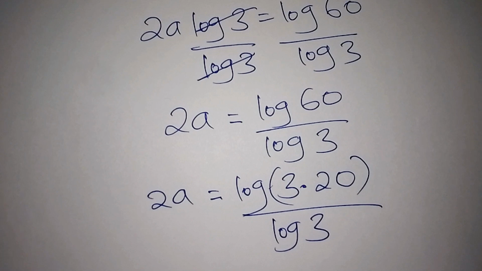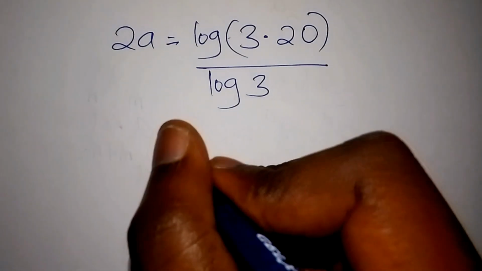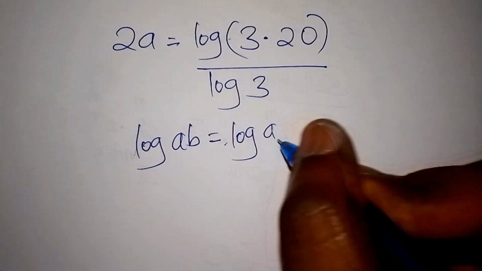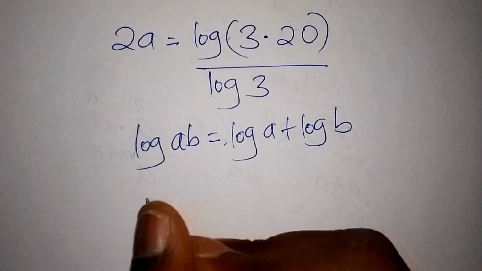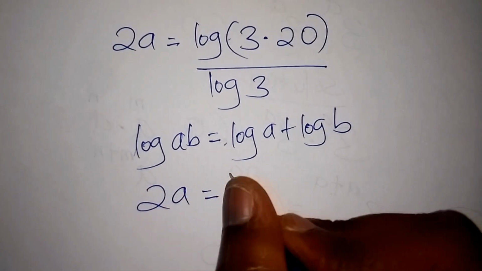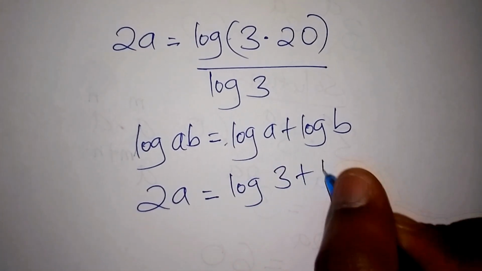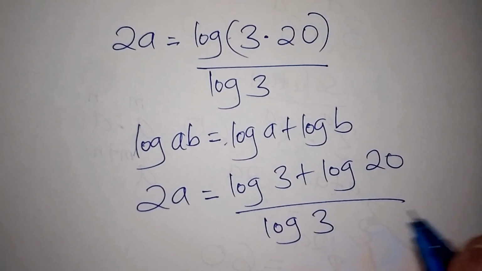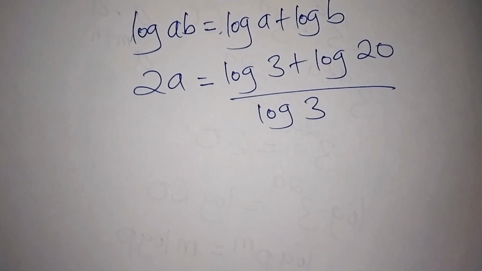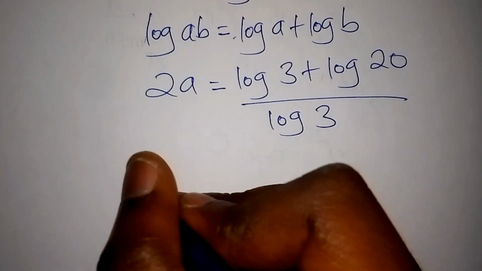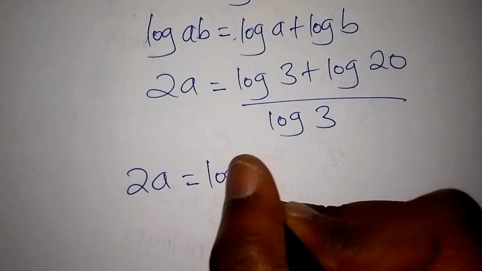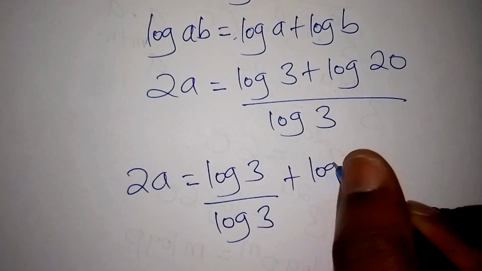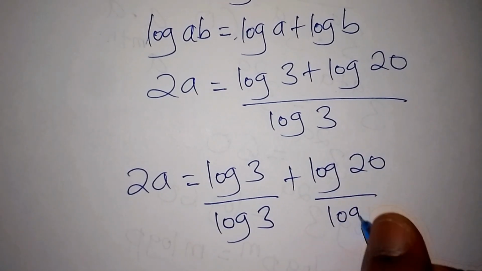Before moving to the next step, we know that when you have the log of AB, we can work it out as the log of A plus the log of B. So here our 2a shall equal the log of 3 plus the log of 20, all over the log of 3.